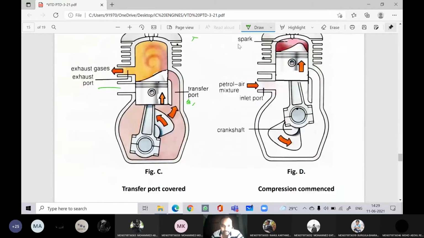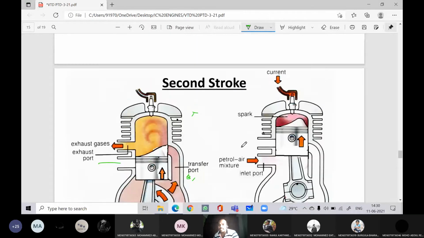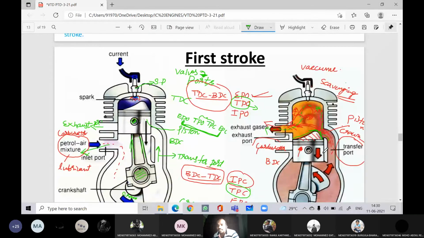After that, the transfer port is opened immediately. Yes or no? Now the exhaust stroke has already started, as well as suction into the engine cylinder, because this is the position of the piston at the end, which means both the ports are open.